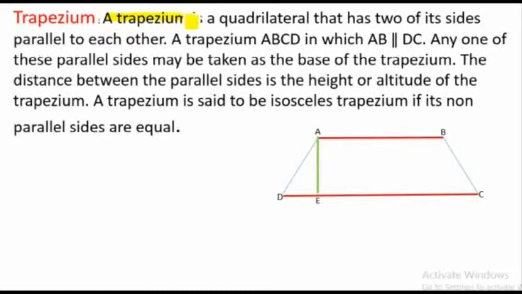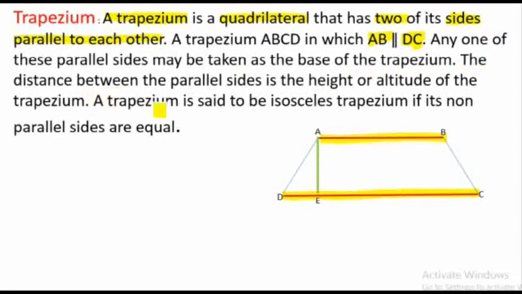A trapezium is a quadrilateral in which two of its sides are parallel to each other. You can see here this AB and DC are the parallel sides, and one of the parallel sides may be taken as the base of the trapezium.